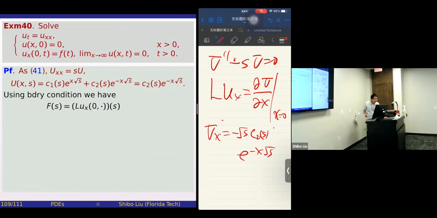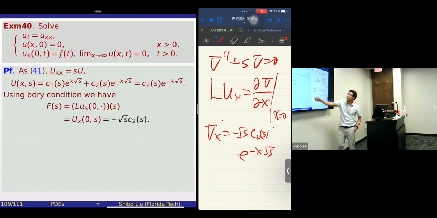C2(s) is a constant when taking the derivative with respect to x. The exponential is copied, but the argument gives you minus square root of s. Then you evaluate at x equal to 0, so this is minus square root of s times C2(s).